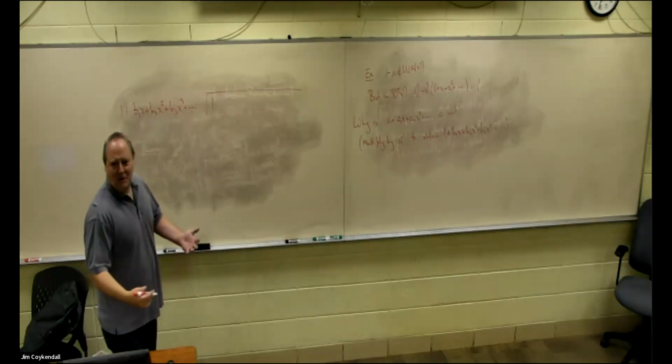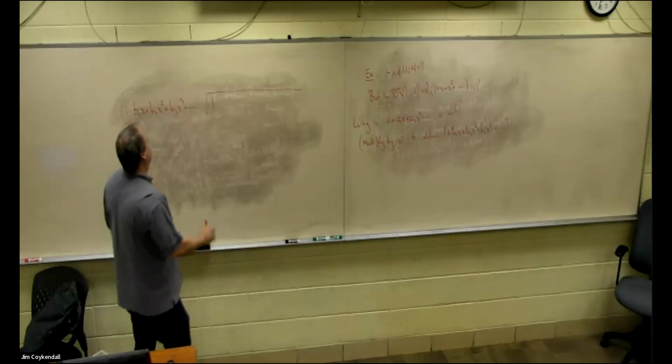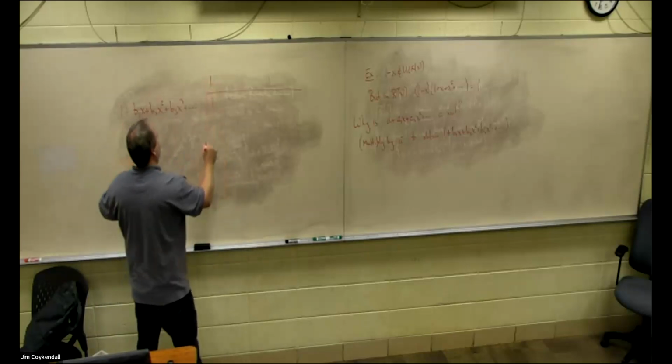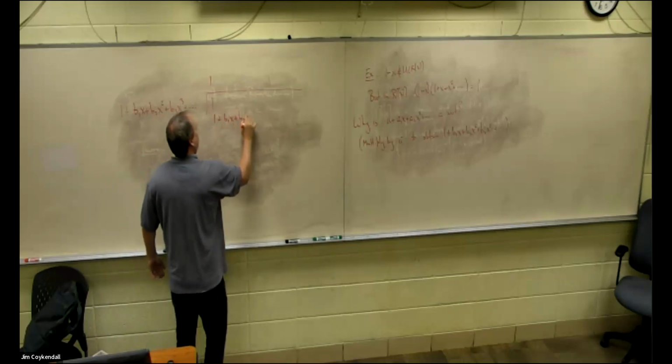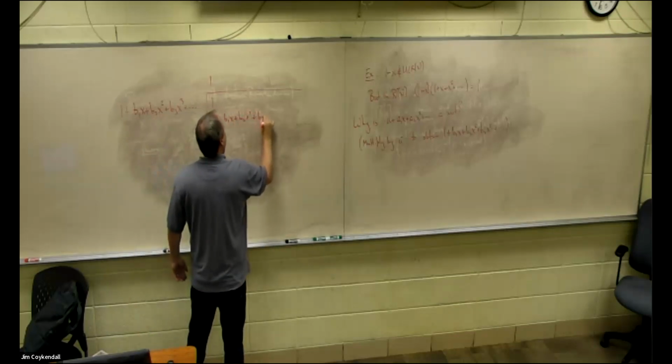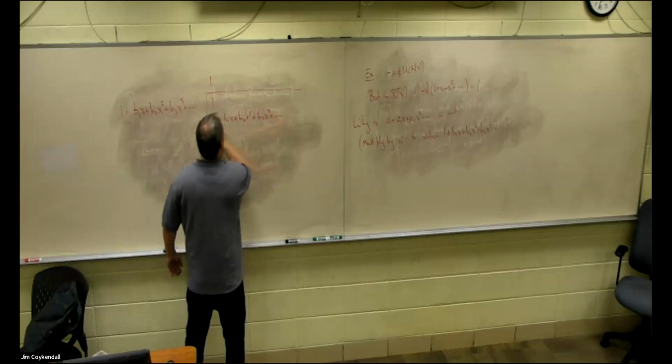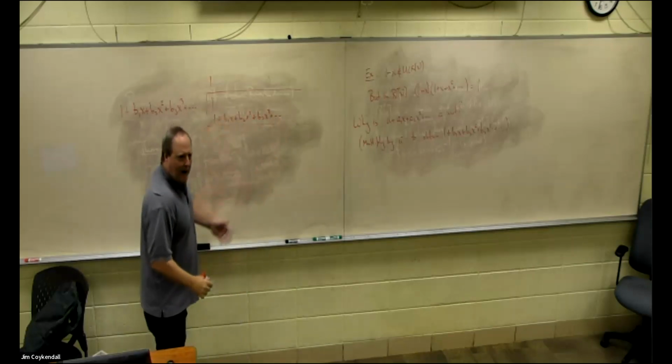Right, I feel like I'm in 4th grade again. So this is 1 plus b1 x plus b2 x squared plus b3 x cubed. And what do you do? You subtract.